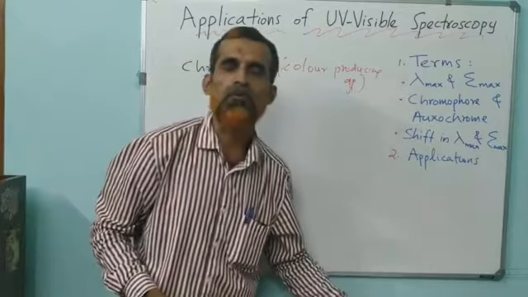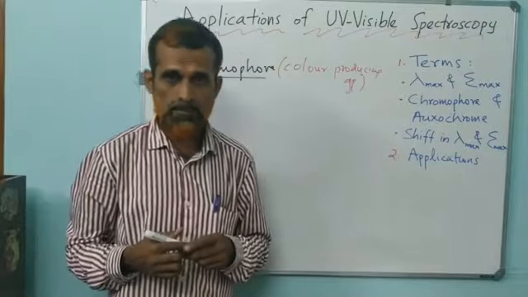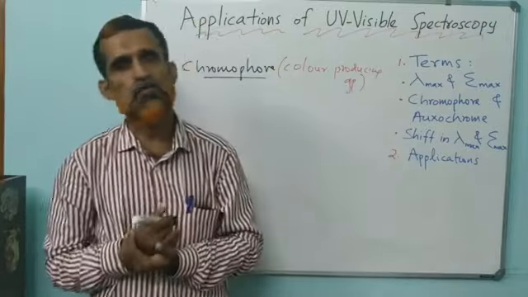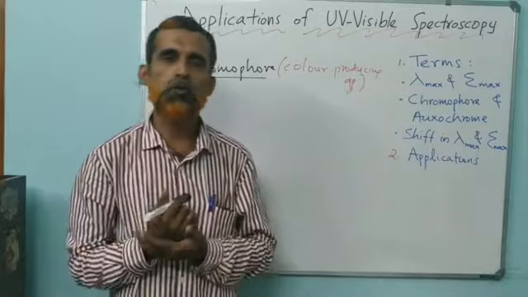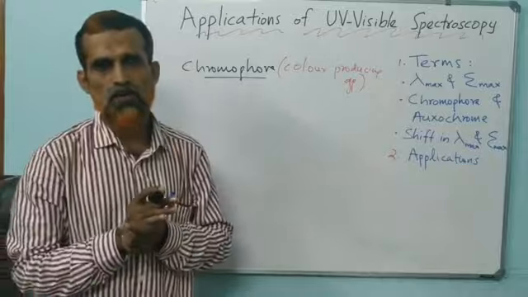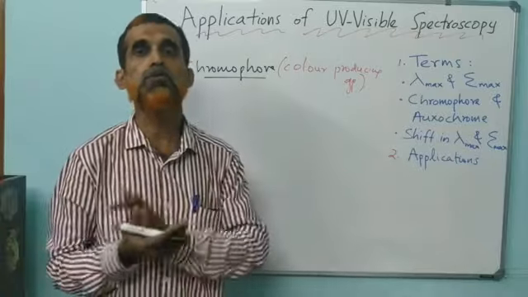What is a chromophore? See, in an organic molecule there are different types of functional groups like nitro group, aldehyde group, keto group, etc. We can divide or classify various functional groups into two types.